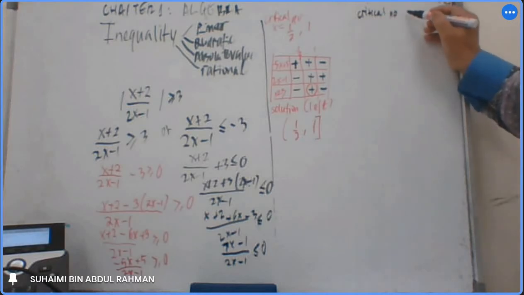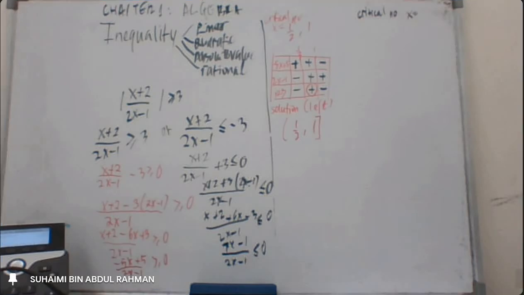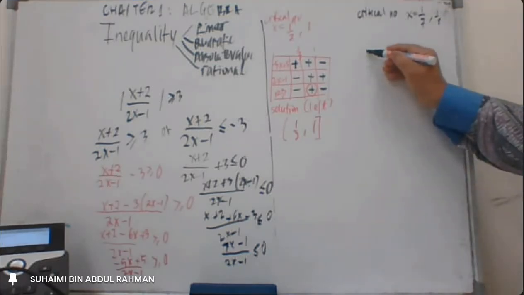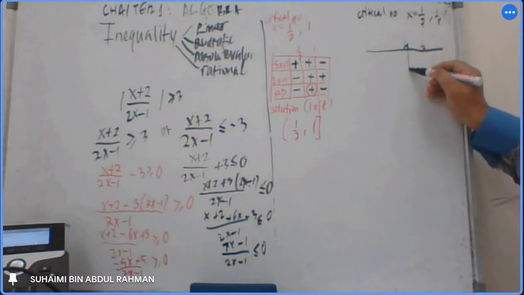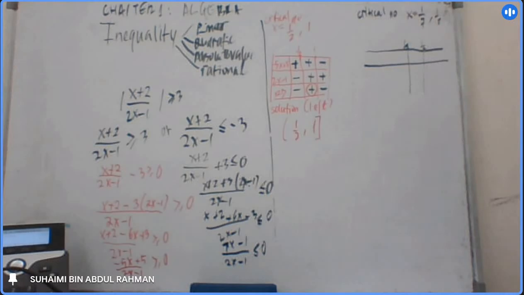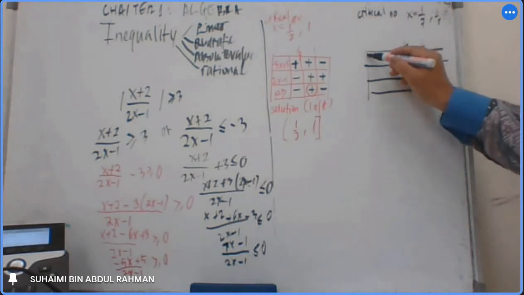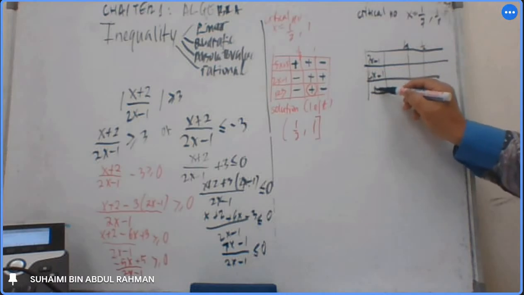What are the critical numbers on our right? 1/7 and 1/2. 1/7 is on the left of 1/2 because it's smaller. 7x minus 1, 2x minus 1, resulting sign.